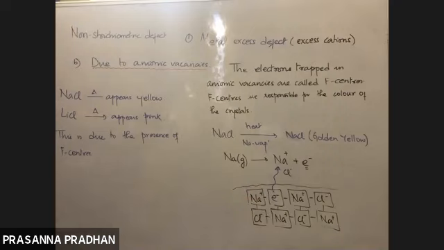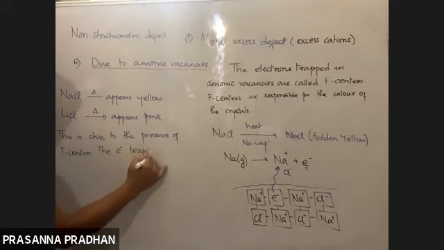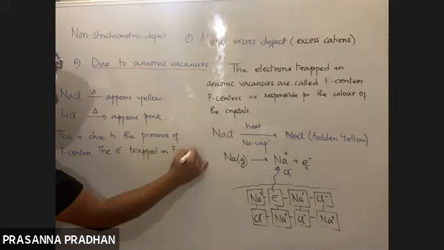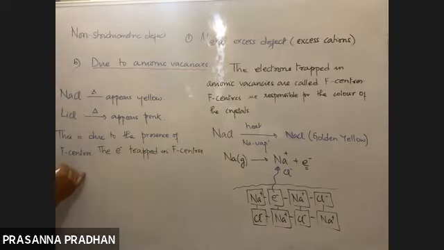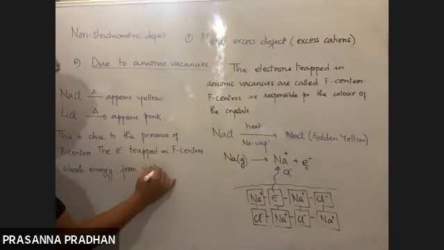These electrons absorb energy. The electrons trapped in F centers absorb energy from the white light, from the visible light.